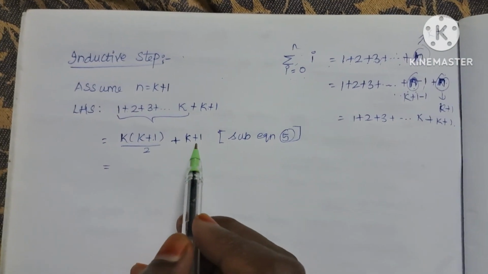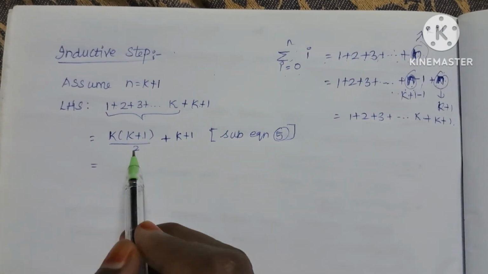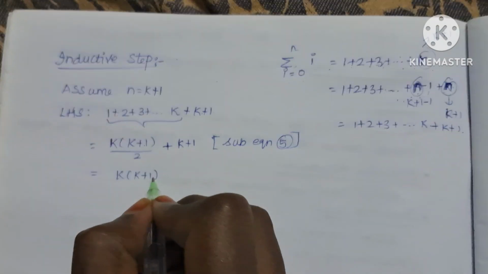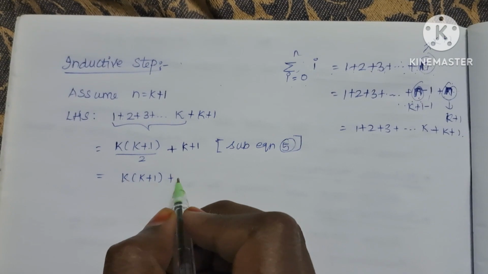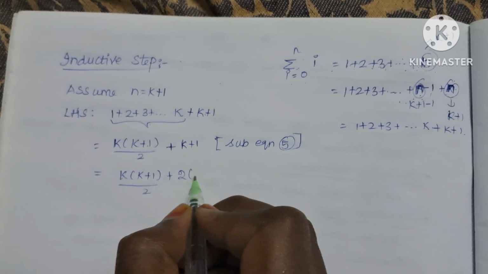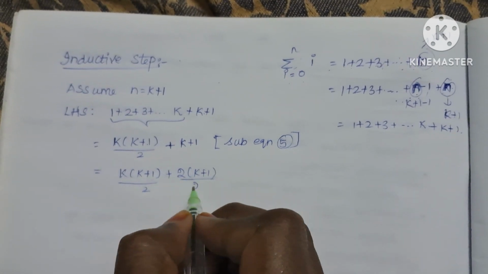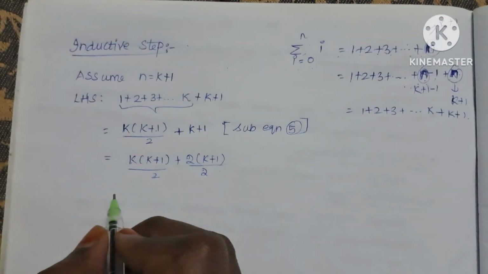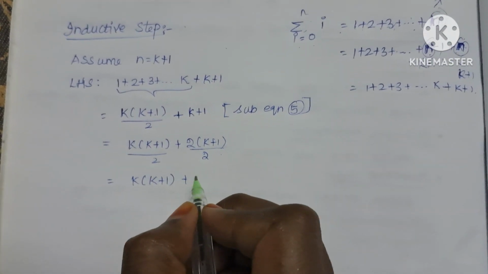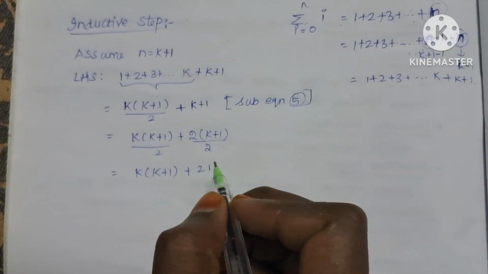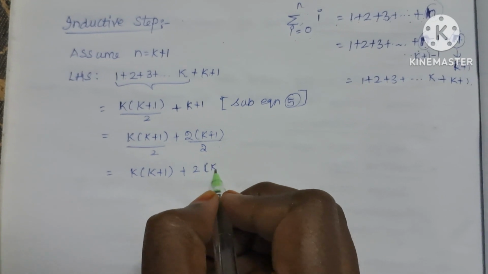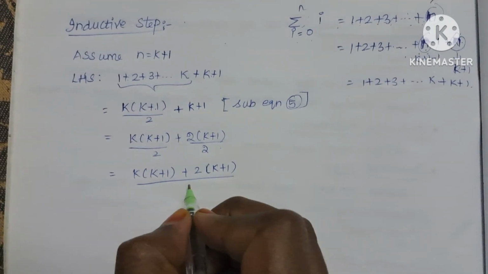Again, this equation can be written as k into k plus 1 plus 2 into k plus 1 by 2, which is equal to k into k plus 1 plus 2 into k plus 1 by 2.